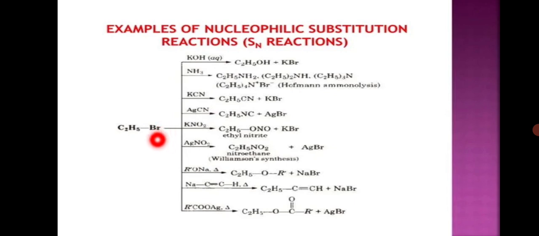That OH minus replaces this Br and results in the formation of C2H5OH, ethyl alcohol. And the potassium takes up this Br and becomes potassium bromide. So the nucleophile here is OH minus, which is generated in the presence of the aqueous medium. Aqueous potassium hydroxide replaces this Br by the OH group and results in the formation of ethyl alcohol.